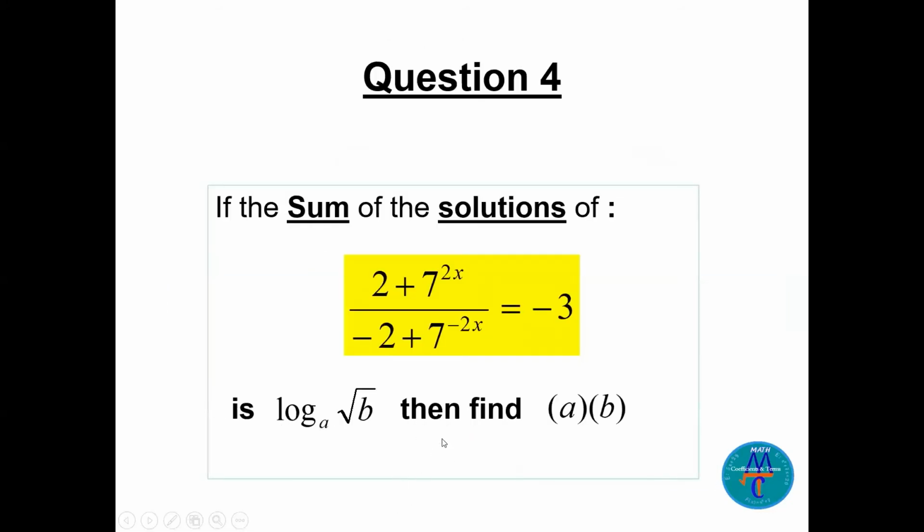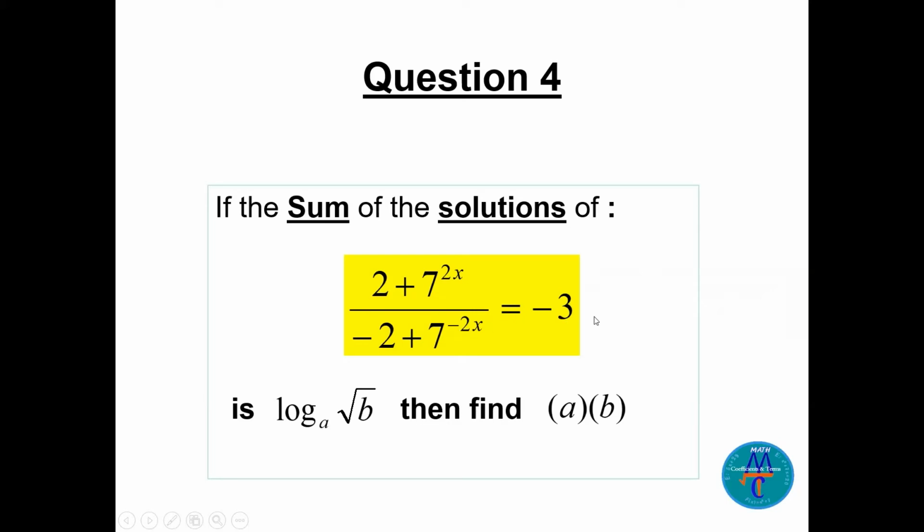Question number 4 is a little difficult, maybe. Find, if the sum of the solutions of this equation is equal to log base a of square root of b, a times b. So we have an exponential equation, not easy. 2 plus 7 to the power 2x, all divided by minus 2 plus 7 to the power minus 2x, is equal to minus 3.